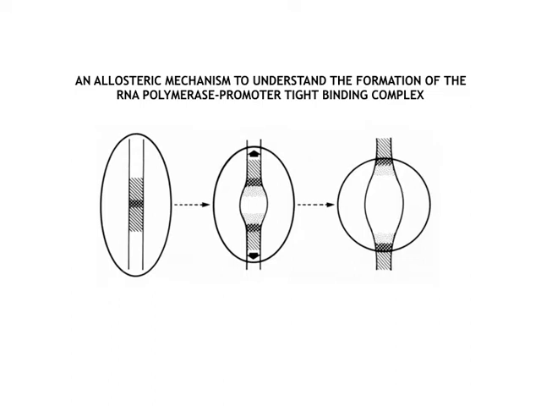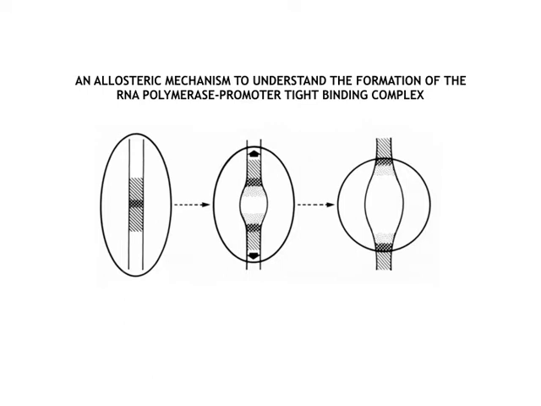One can envision the formation of the transcriptionally competent tight binding complex to involve the initial attachment of the polymerase to a premelton located at or near the start of transcription, shown on the left, triggering a cascade of conformational changes in both the polymerase and the DNA, shown in the middle, that lead to the formation of the tight binding complex, shown on the right.